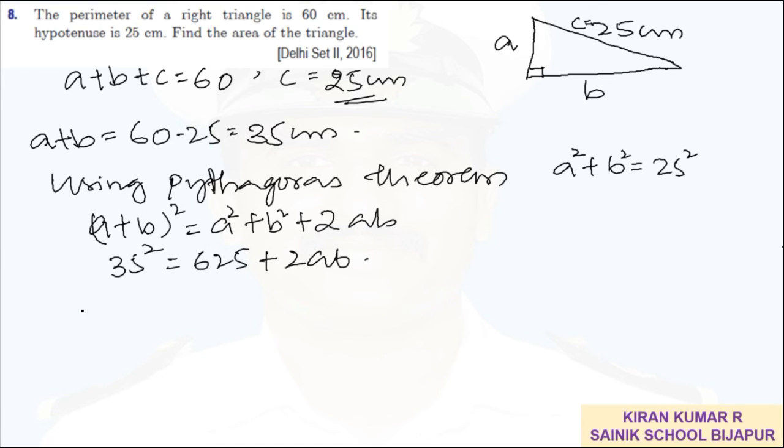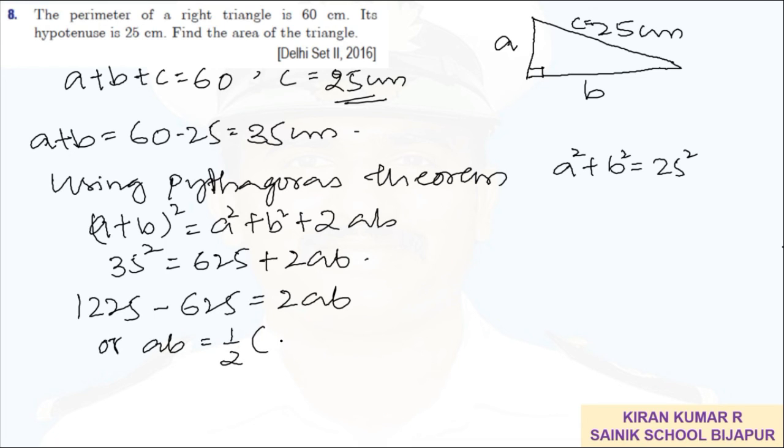This 35 square is 1225 minus 625 equal to 2ab. So we will get ab value as half of 600, which is equal to 300.